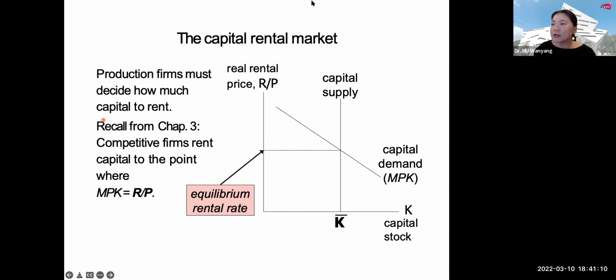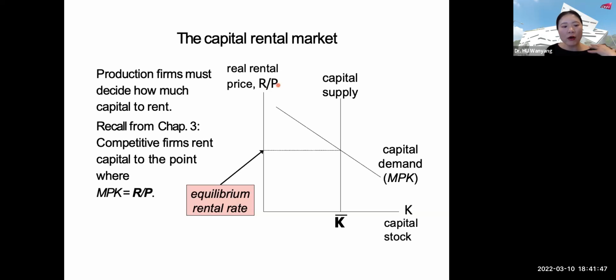This figure shows the capital rental market. It's similar to the other kinds of supply and demand curves that we have seen in other scenarios. On the horizontal axis we have the capital stock, which we indicate as K. And we have the price on the vertical axis.